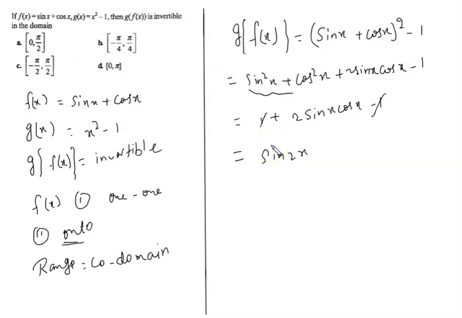Now I am going to draw the graph on the Cartesian plane. So this is the Cartesian plane, and now I am going to draw the graph of sin 2x. So this is the graph.